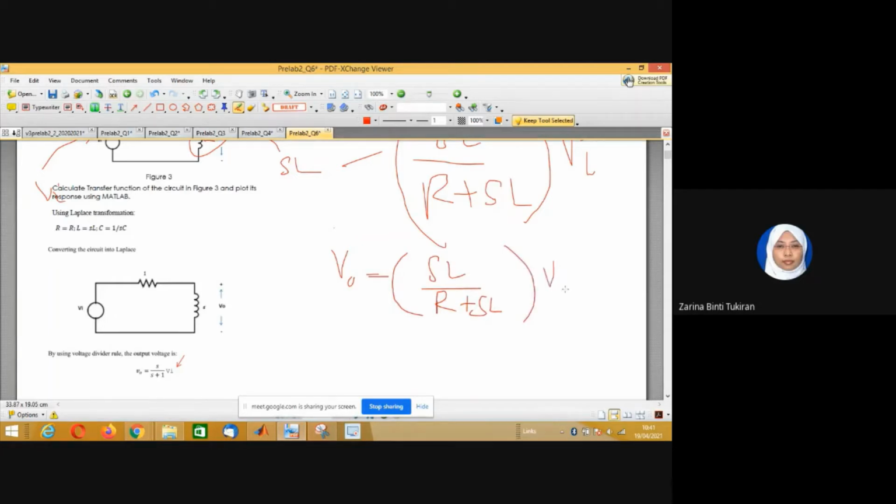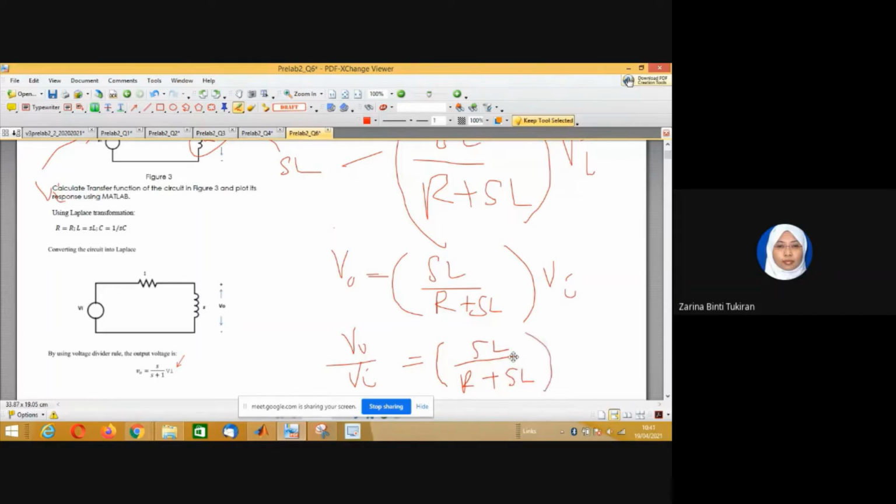In order for you to get the transfer function, the transfer function is VO over VI. So this VI, you must put it here. Now you get SL over R plus SL.